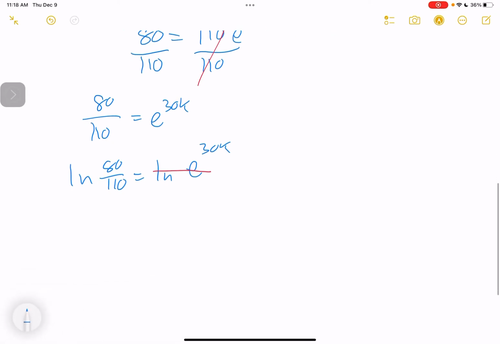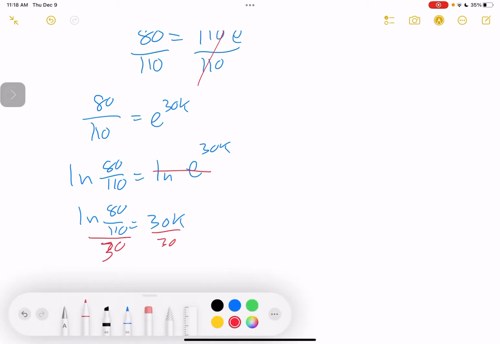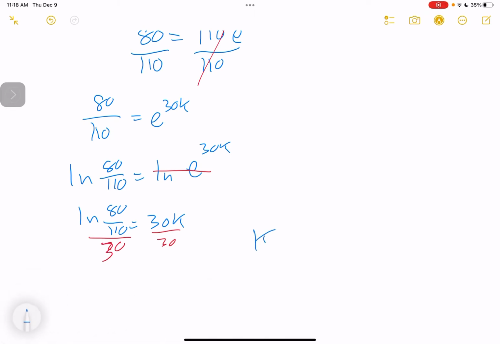So we'd have the natural log of 80 over 110 equals 30k. And then we will divide both sides by 30. And we end up with k equals the natural log of 80 over 110, and that whole thing is divided by 30.